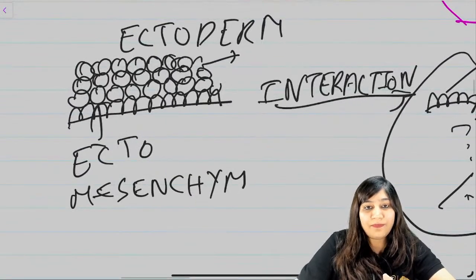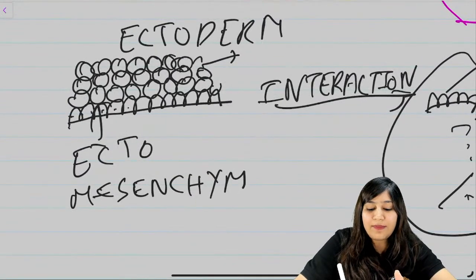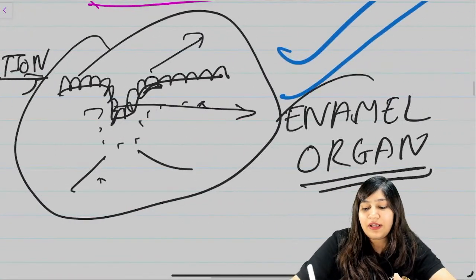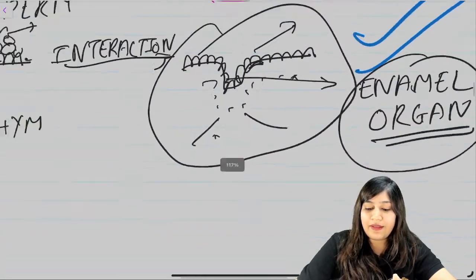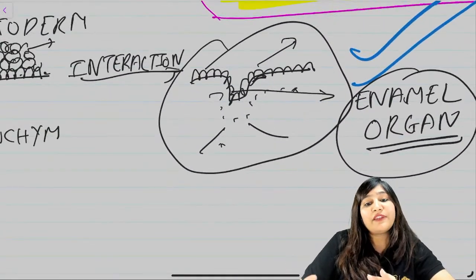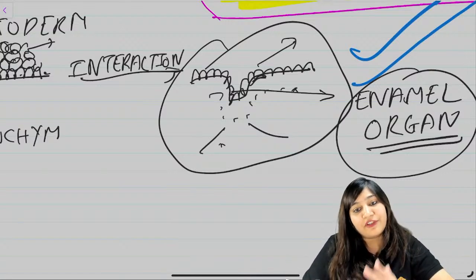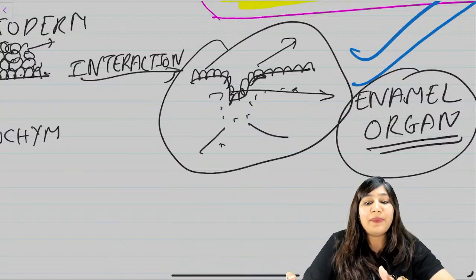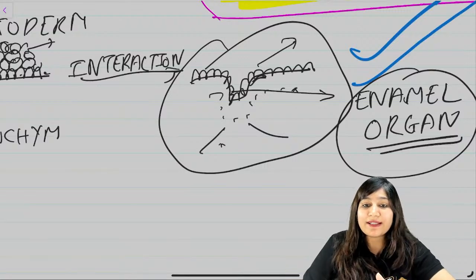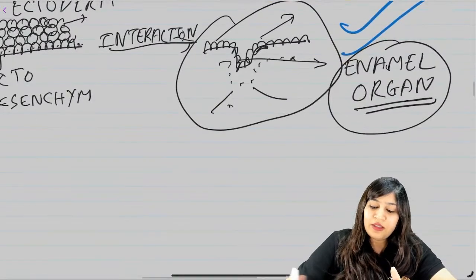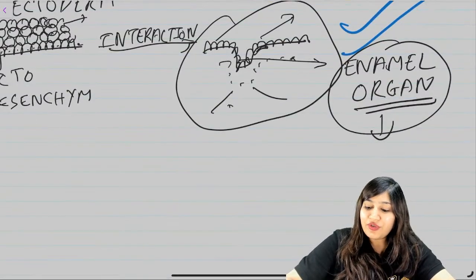So ectoderm, ectomesenchyme, then proliferation of the basal cells leading to the formation of enamel organ. Based on the morphology of this enamel organ, we have its stages divided, which are morphologic stages, and based on its function, which is physiological stages, also we have 5 stages.